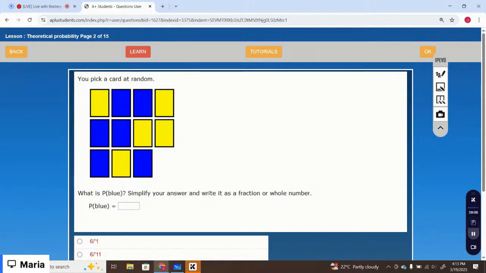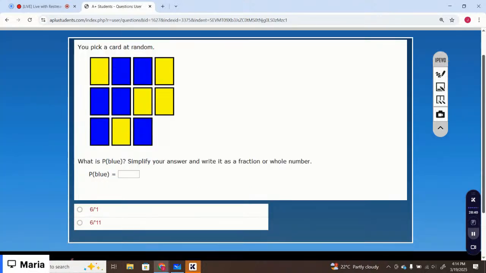You pick a card at random. Probability of blue is 1, 2, 3, 4, 5, 6.